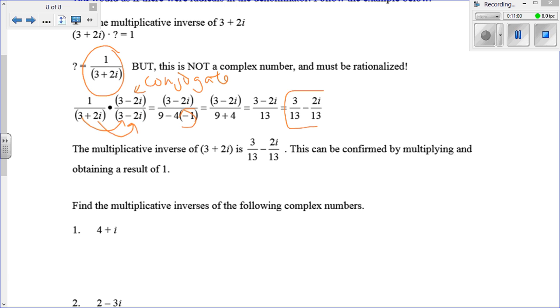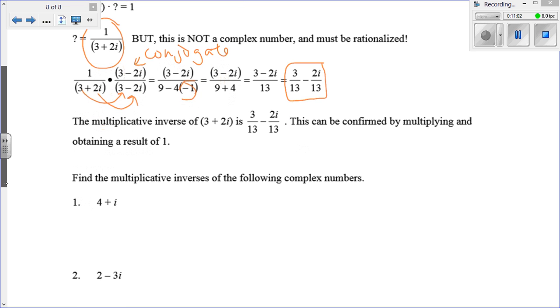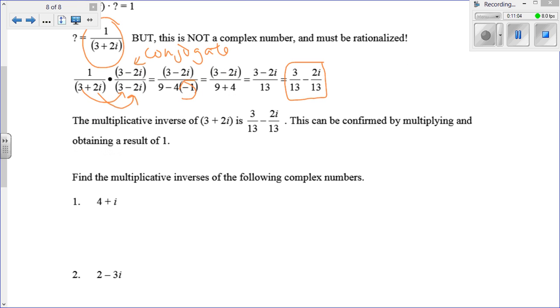And you can break it up into two parts. A plus bi form is technically this here, because you've broken it into two terms. So the multiplicative inverse of 3 plus 2i is 3/13 minus 2/13 i. This can be confirmed by multiplying and obtaining a result of 1.